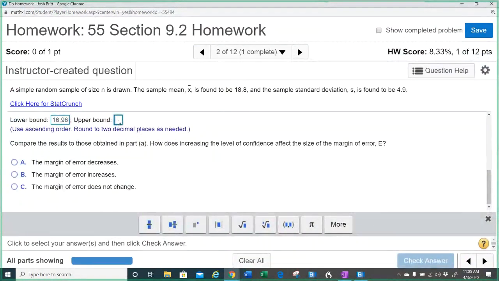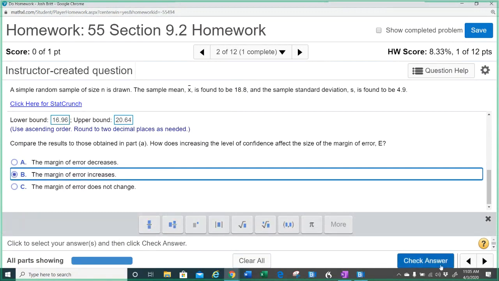Okay, how does increasing level of confidence affect the size of the margin of error? So increasing confidence means margin of error goes up. So margin of error increases.